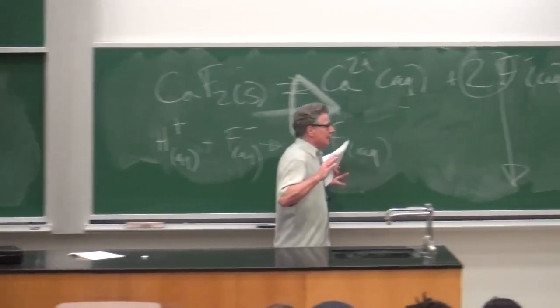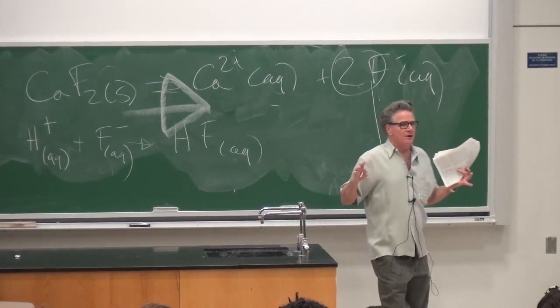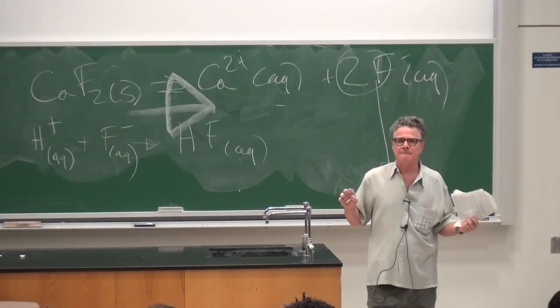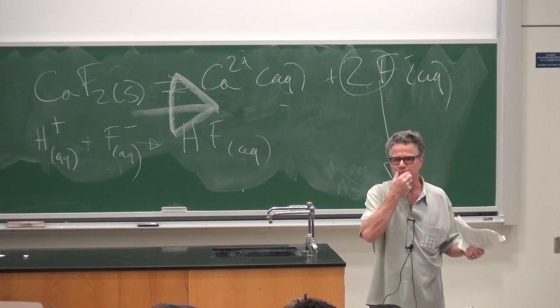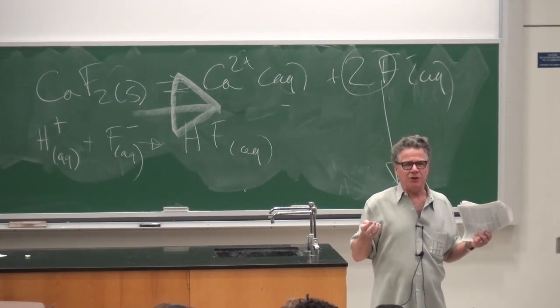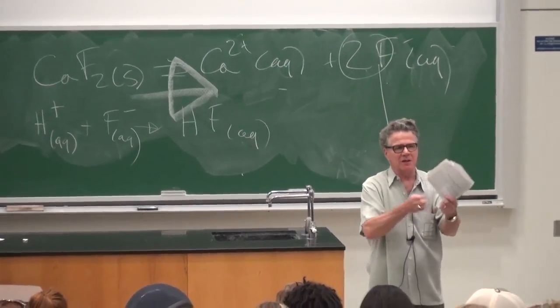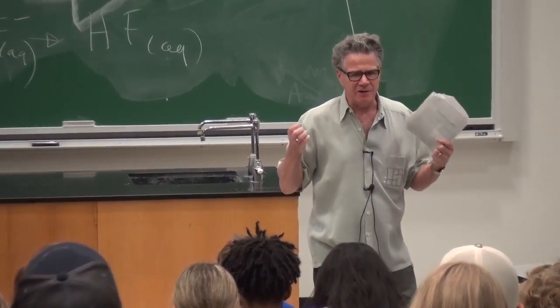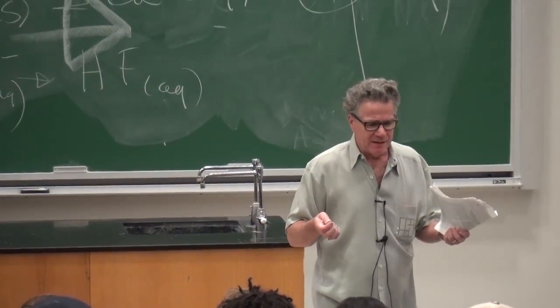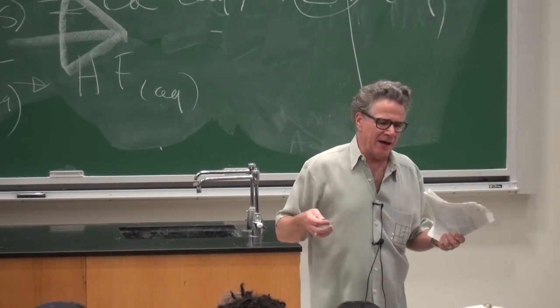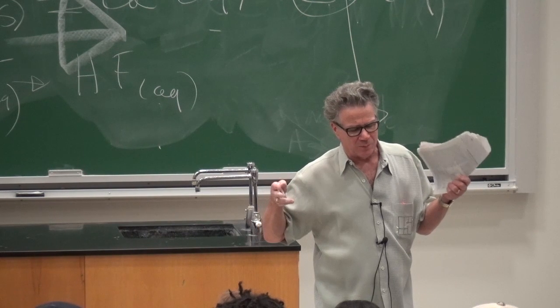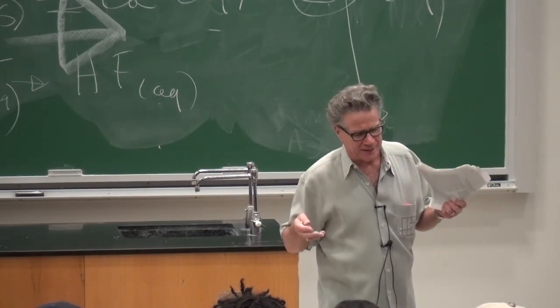So far we've approached solubility product equilibrium from the point of view of we got the solid and we're going to let it dissociate and reach equilibrium. I want to turn it around now and maybe talk about something that's a little more practical aspect of it.